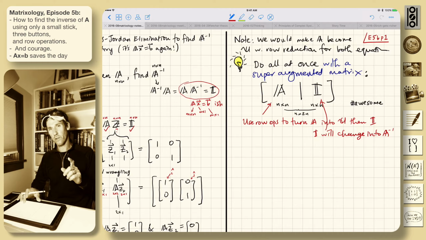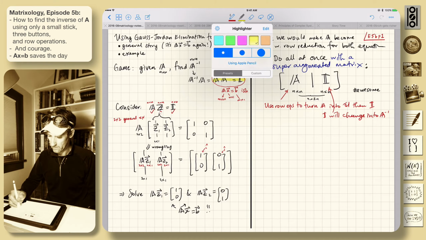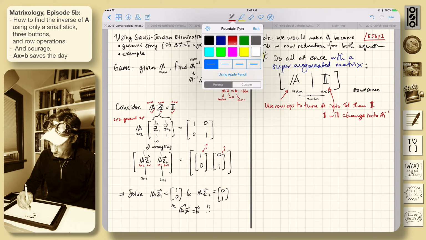We have to do a little more to show that, because if you go back here, it's a right inverse. So this is just a slight note.